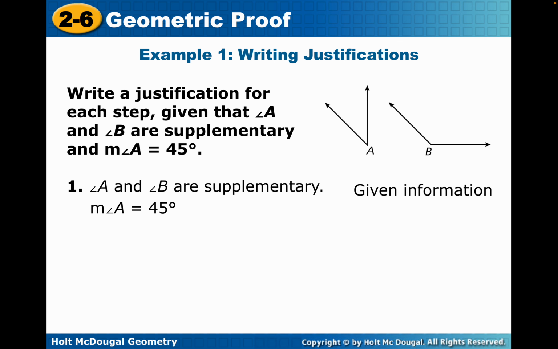So if you write it out like this, now you have a statements column and a reasons column. Your statements are going to be angle A and angle B are supplementary. If you just put SUPP, and you know that means supplementary, that's fine. And then you can just put the measure of angle A equals 45 degrees.